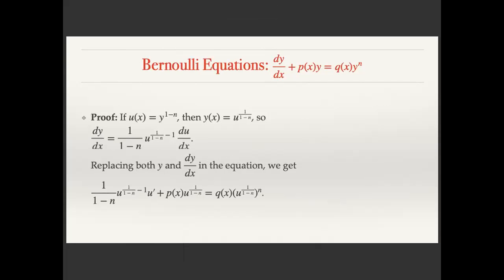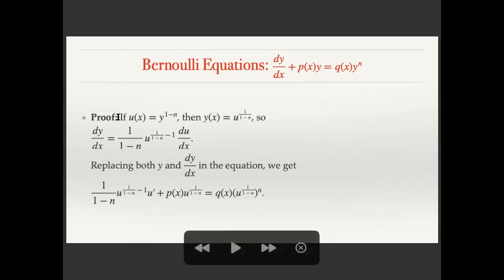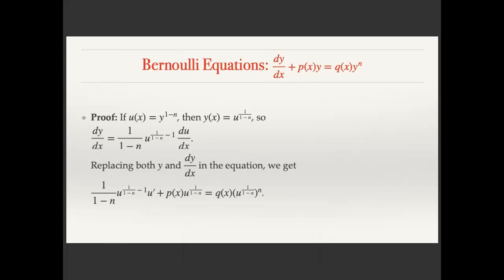Now, this is the proof, which is written on the slide, that the substitution always works. So we make the substitution, u of x is equal to y of x to the power 1 minus n. So then y is equal to u of x to the power 1 over 1 minus n.